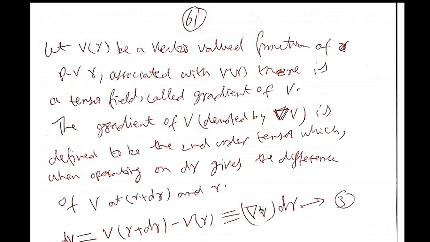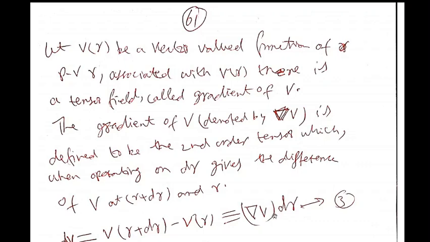We always apply the tensor on a vector. So del v is a tensor, and we are applying it on a vector dr, exactly the same way that we have a tensor T and a vector a. We apply T on a and we have T a equal to b.